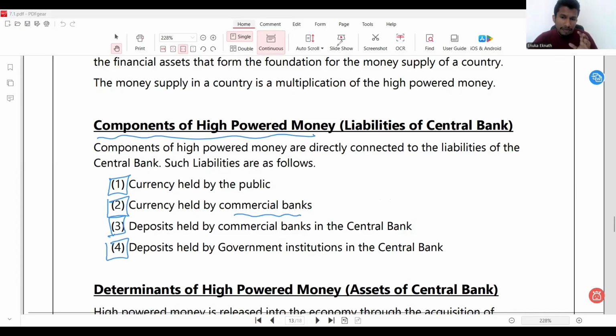If you remember the values given to us in that question, currency held by the general public is 200. And then the total reserves of the commercial banks, the currency held by the commercial banks, is given to us as 100 billion. So let's go back to the question and check those values.